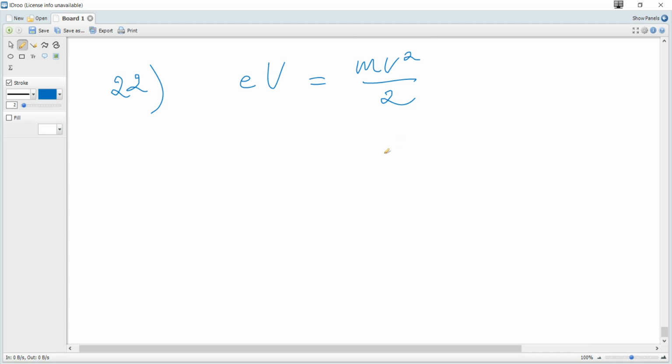And hence the formulas are given. This formula is given in the data booklet. Maximum speed, so v is what? Square root of 2eV over m. It's A.